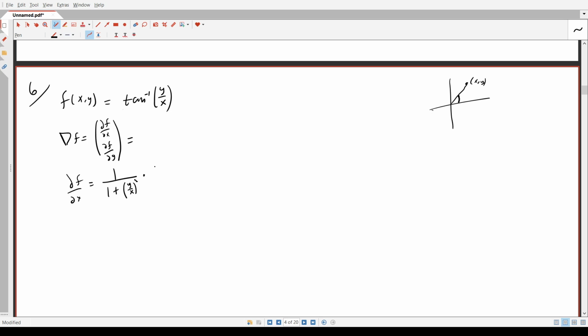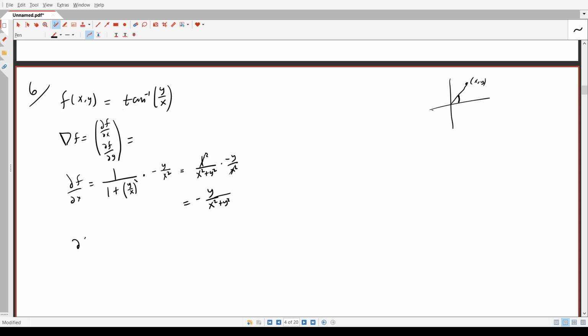That's times the derivative of 1 over x, which is negative y over x squared. I can simplify this a little bit. I put this over a common denominator, and I have x squared over x squared plus y squared times minus y over x squared. Those cancel, and I get minus y over x squared plus y squared.